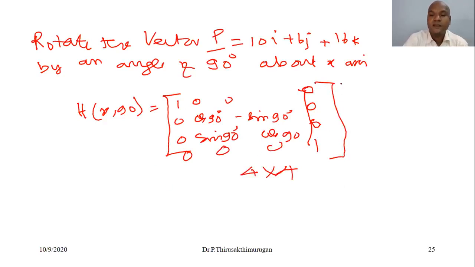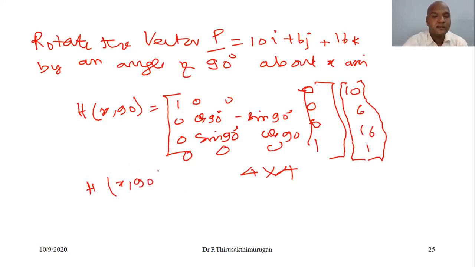Then you can multiply this matrix with the position 10, 6, 16, 1. Finally, tell me the answer. So H of x comma 90 of a translated point is 10, minus 16, 6, 1.